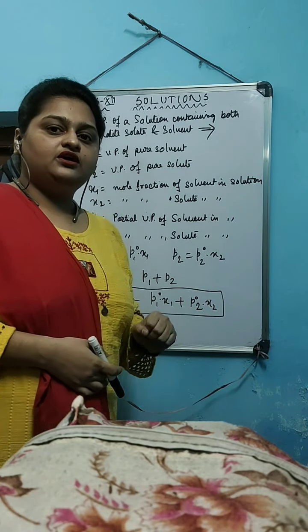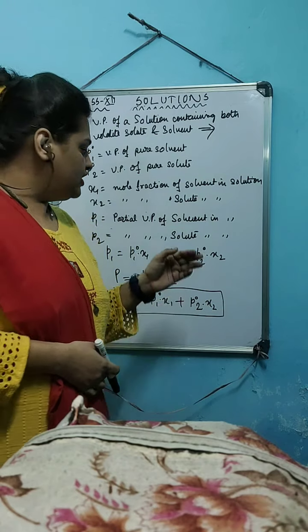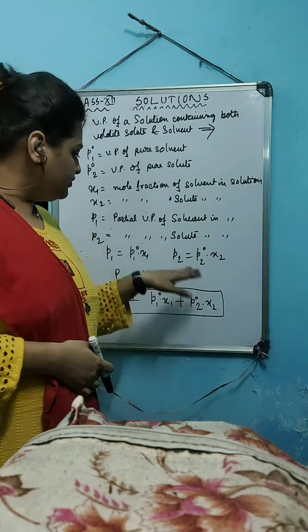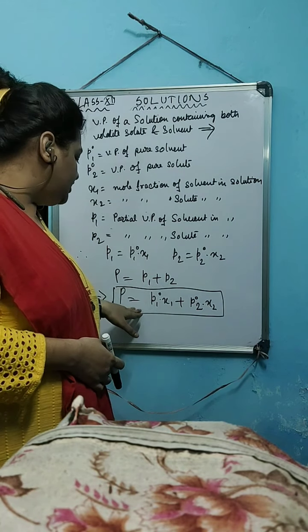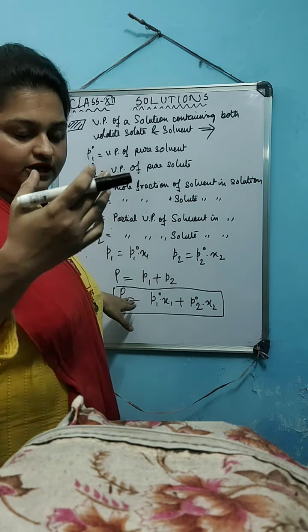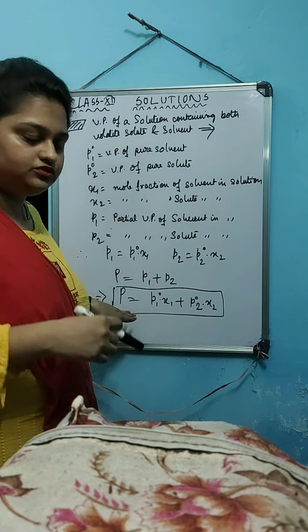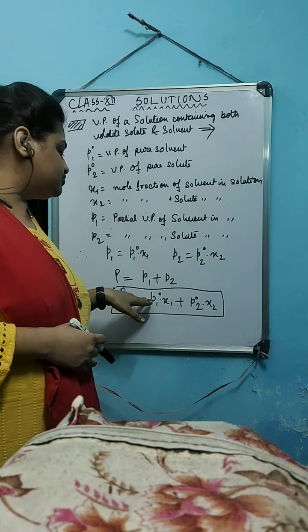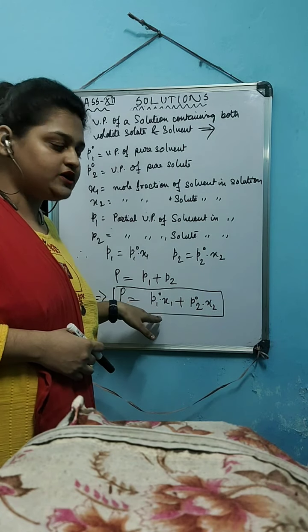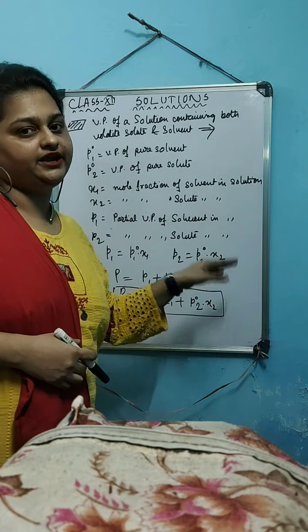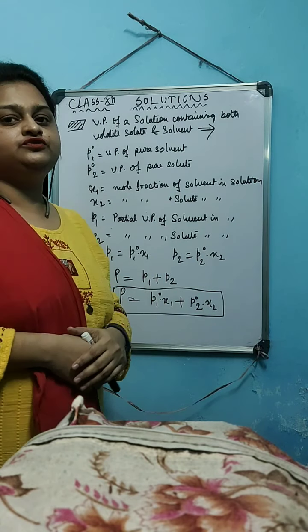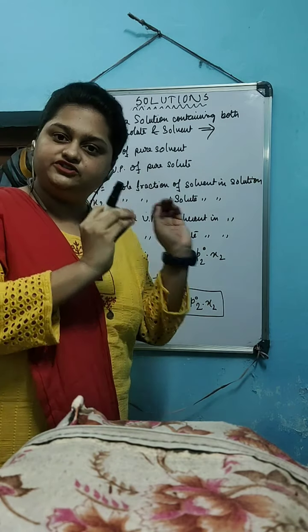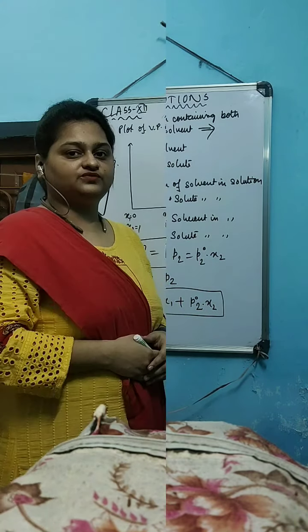It can also be found with the help of Raoult's law: P2 equals P2 naught multiplied by X2. Now we can put these values into the equation for the total vapor pressure of the solution, which is P equals P1 plus P2, or P equals P1 naught multiplied by X1 plus P2 naught multiplied by X2. This is the equation for the vapor pressure of a solution containing a volatile solute and a volatile solvent.